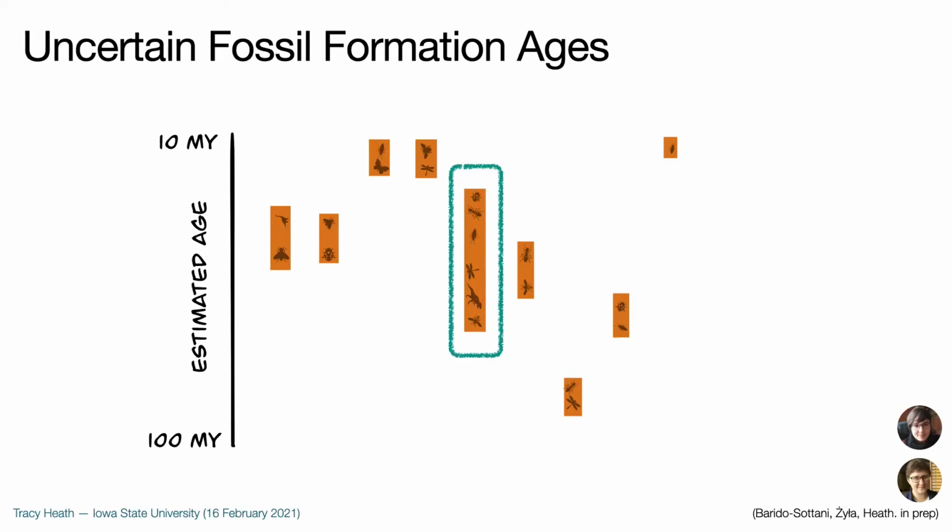So this led to a study led by João Barreto-Satani and Dagmar Joá, where we're interested in determining the accuracy of these combined evidence approaches for estimating the ages of poorly dated fossil deposits. In particular, we're interested in our ability to recover reliable age estimates for the specimens trapped within these types of formations.